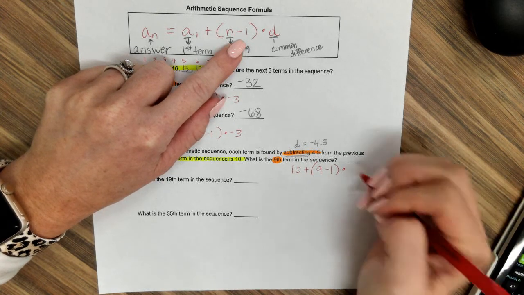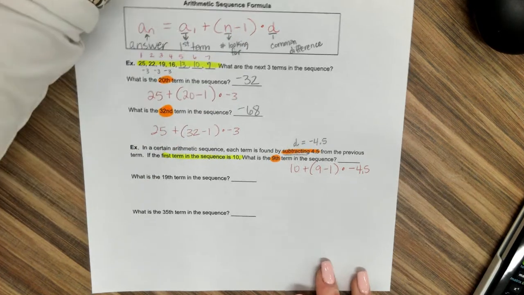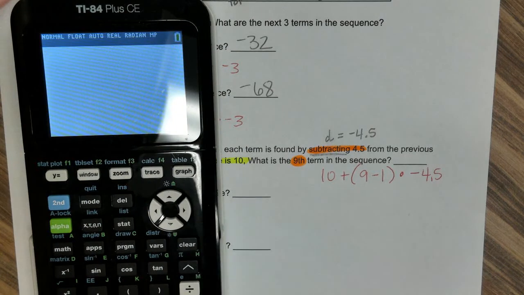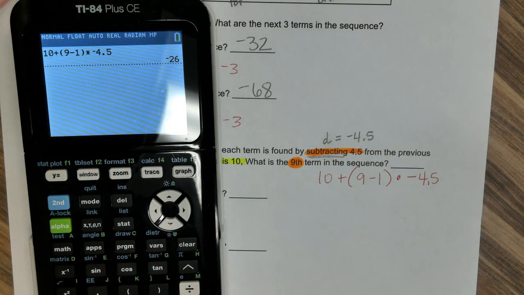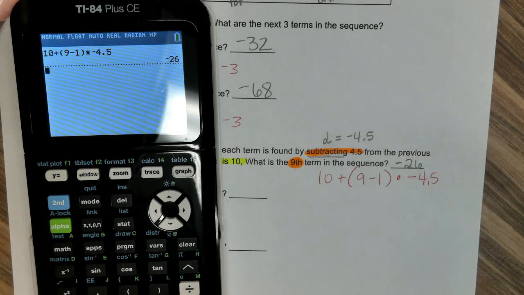What's the common difference? Negative 4.5. So that's what I'm going to plug into my calculator. Did everybody get negative 26?